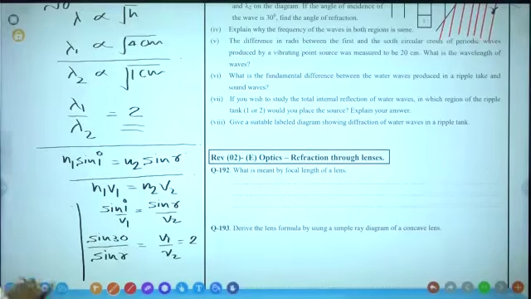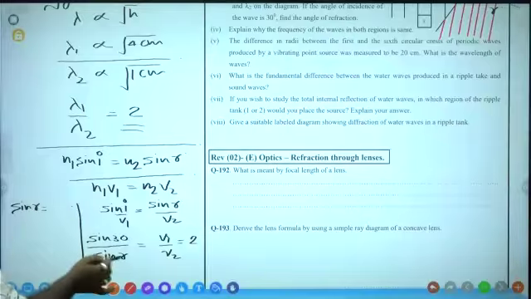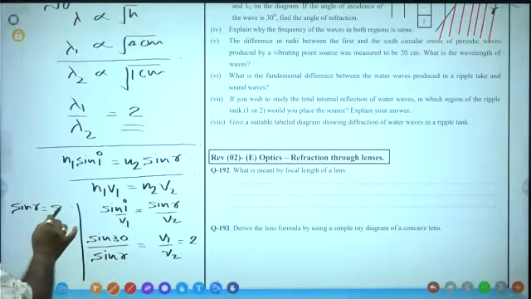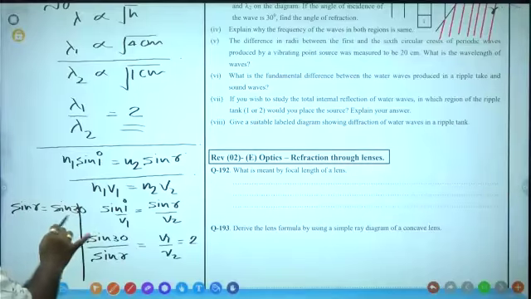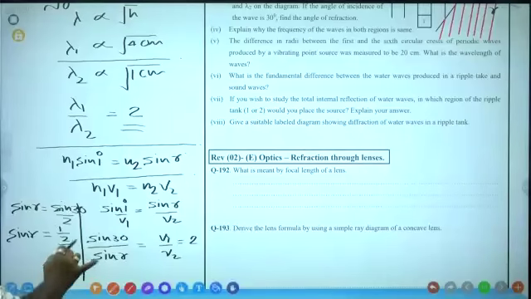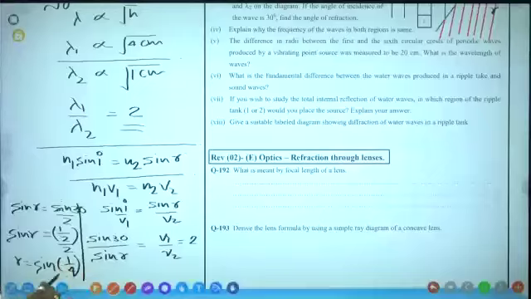Then can we mention here sin R equal sin 30 divided by 2. Then sin R equals half by 2. R becomes sin inverse 1/4.